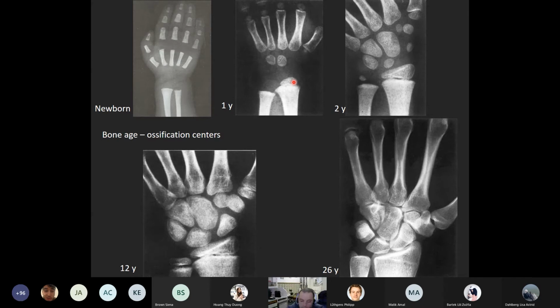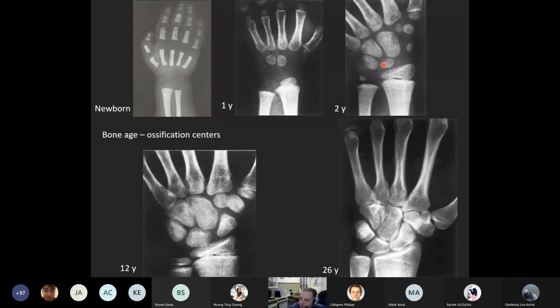You know the chronological age, that's easy. You know when the particular person was born, and you know that he or she is 1 or 2 or 3 years old. Now, if you have a patient who has problems with body height, and the parents come to you saying, well, we have this kid, she's 3 years old, and she's the smallest in the kindergarten, and we don't know what's wrong with her, then you may take an X-ray of the root of the hand, and it turns out what the bone age of that particular child is.